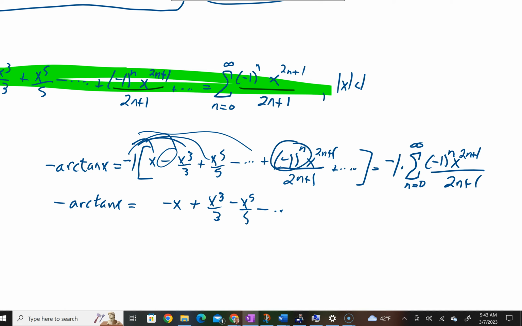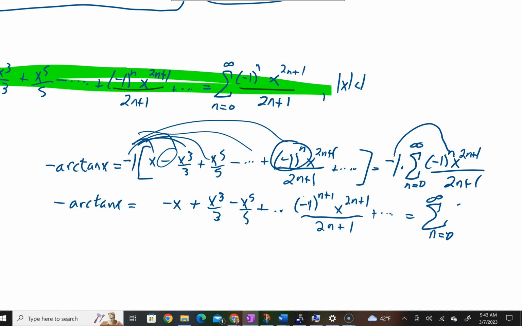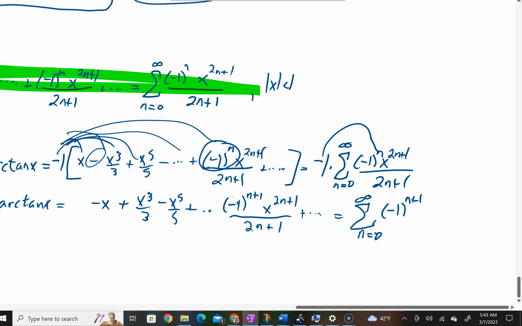And look at this. -1 times this, we're going to have one more power of -1. So now it becomes -1 to the n plus 1. Look at that. Let's say dot, dot, dot. But look, -1 gets multiplied inside of sigma, and we have one more power of -1.